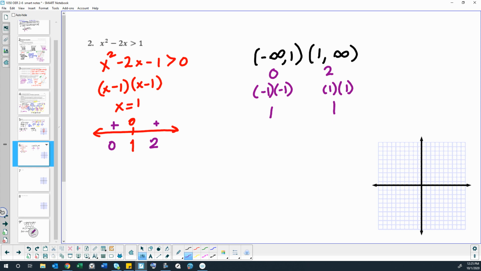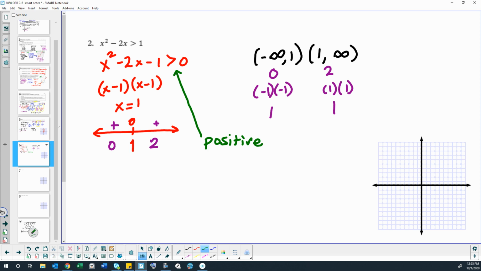So what do we want it to be? We want it to be positive, and everything is positive except for 1 point. There's only 1 point where it's not positive, and it's 0. So if this were equal to, it would be all real numbers, negative infinity and positive infinity.